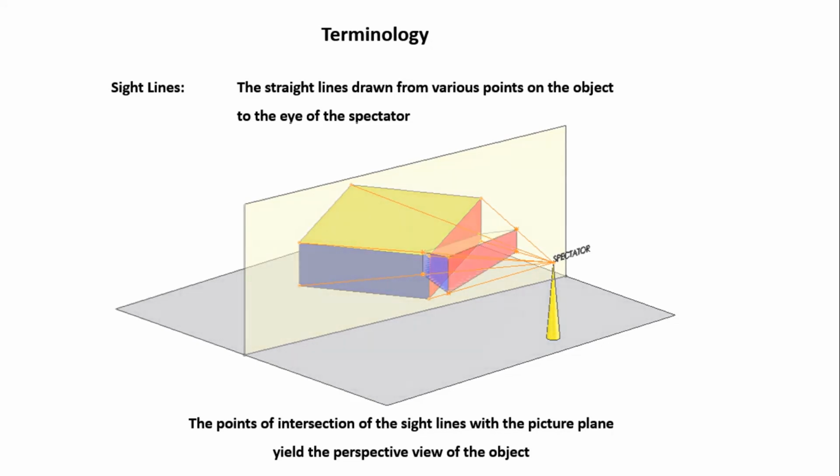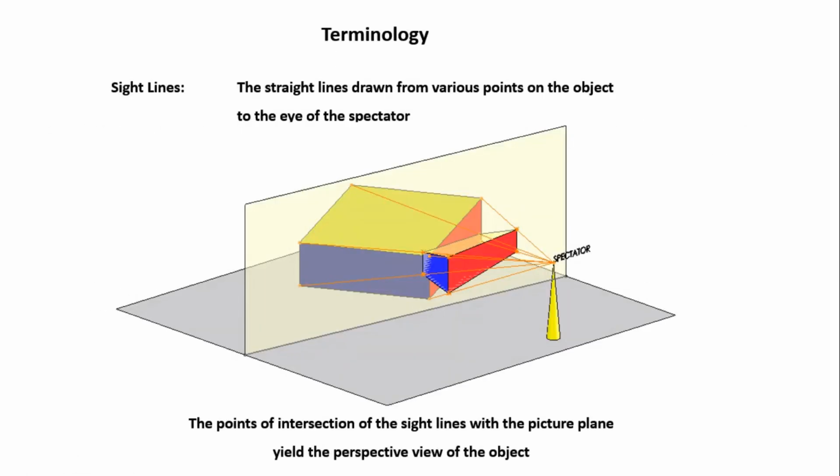So this is the actual object, and these are the visual rays, and when they intersect with the picture plane, those points are joined together to form the perspective view.